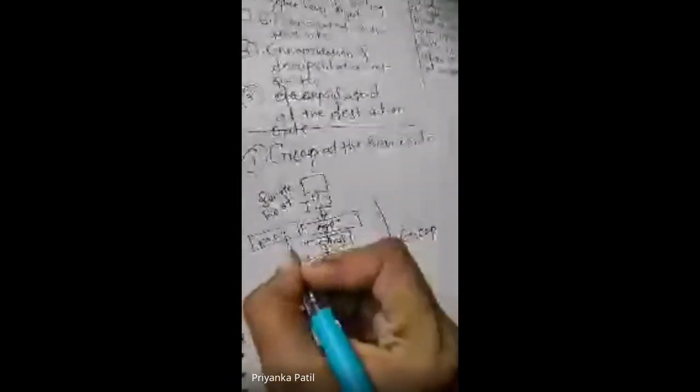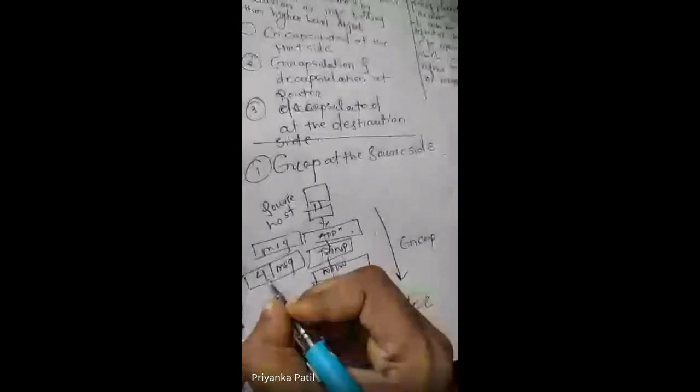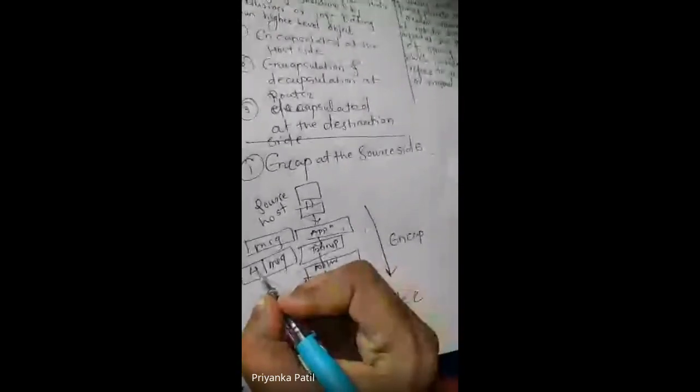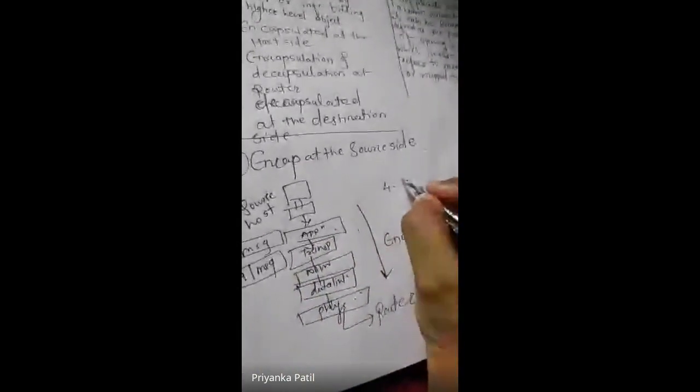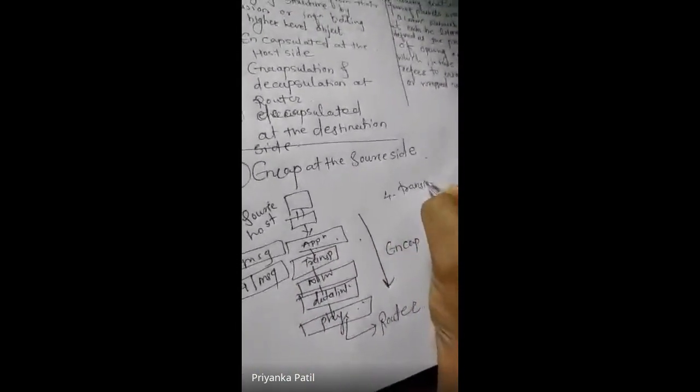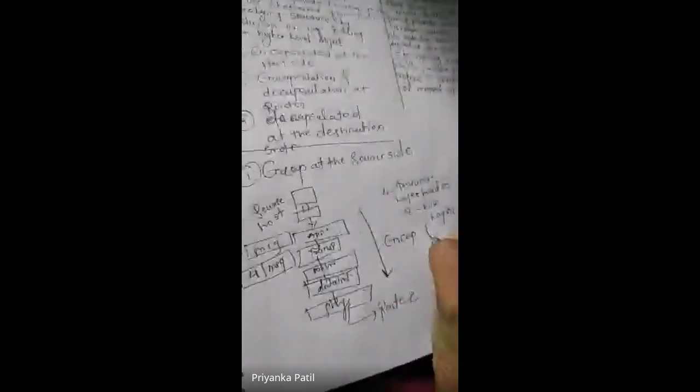The application layer has the message, and we have to add headers. Here 4 represents the transport layer header, 3 represents the network layer header, and 2 represents the data link layer header.